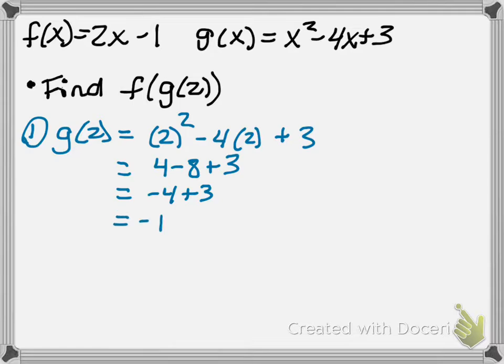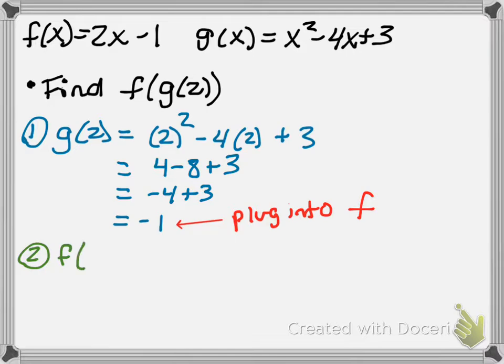So to start to find f of g of 2, I find g of 2, which is negative 1. Then I take that value and I substitute that into f.